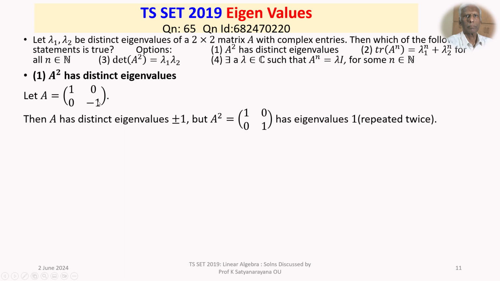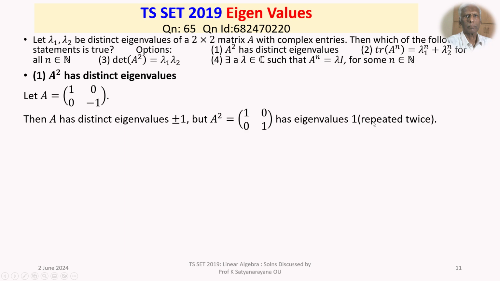For a diagonal matrix, the eigenvalues are the diagonal entries. So they have the distinct eigenvalues plus or minus 1. But if you square it, then it will be the identity matrix, and the identity matrix has equal eigenvalues, same as 1. So A square has eigenvalue 1 repeated twice.